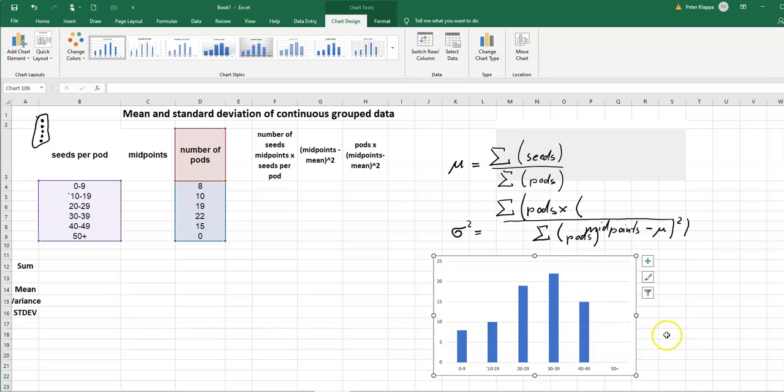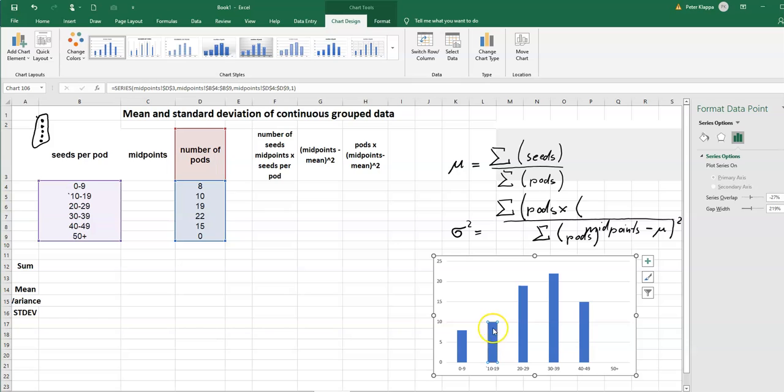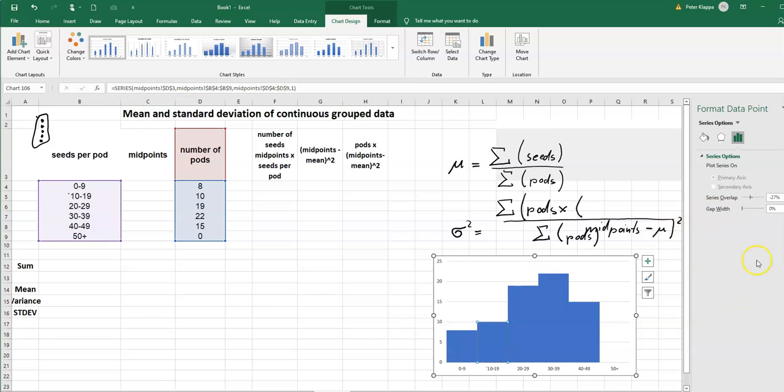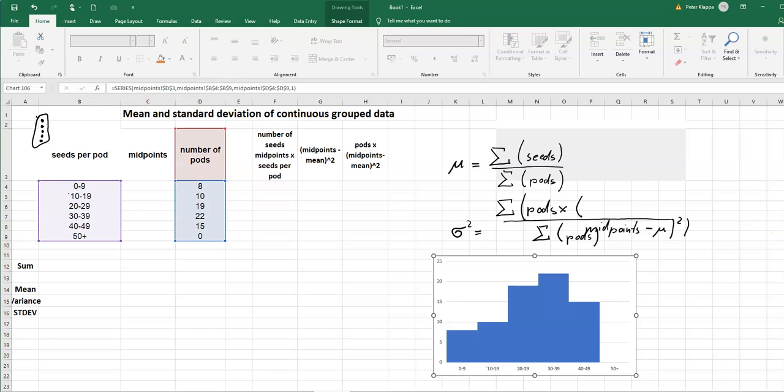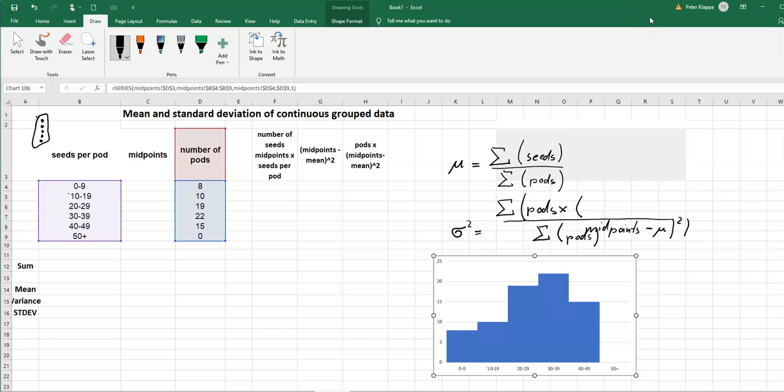So what we can do is we just simply click on one of these bars here, and we change the gap width, and we bring that down to 0. And now we actually get a really nice histogram. And typical for a histogram is that there are no gaps between these bars. So that would be actually a good histogram.